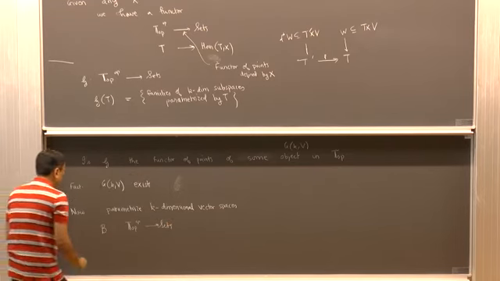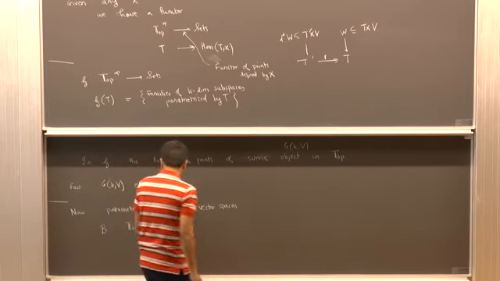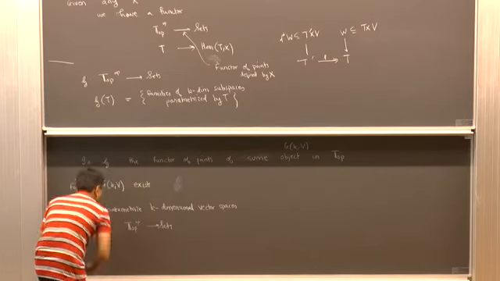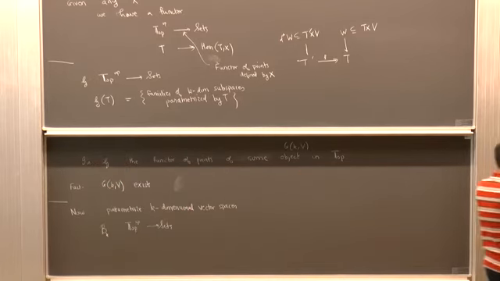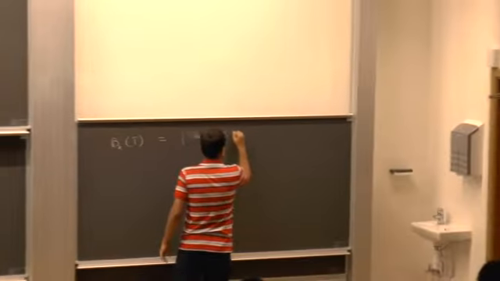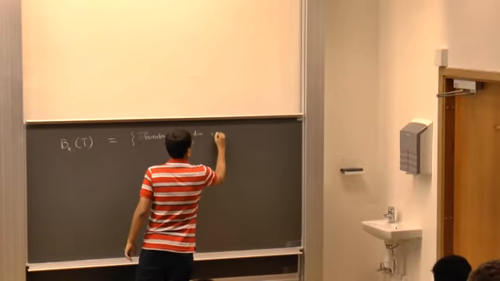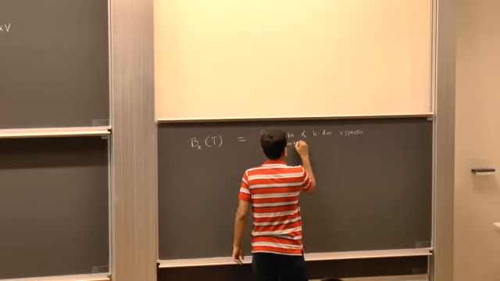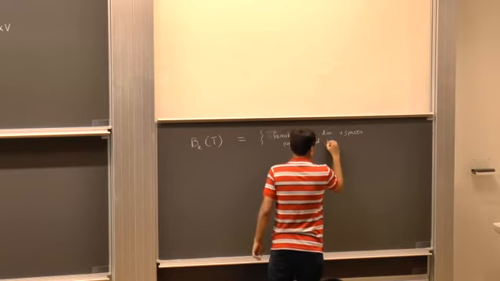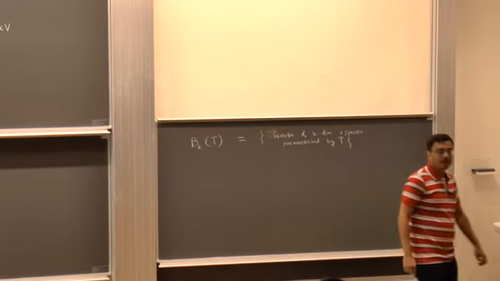B_k of any topological space T is the set of families of k-dimensional vector spaces parameterized by T. But I have to define what a family means.